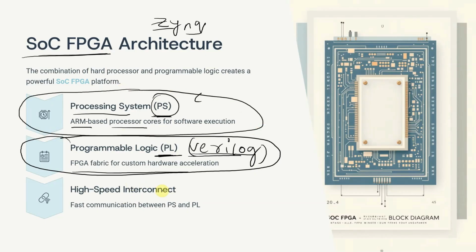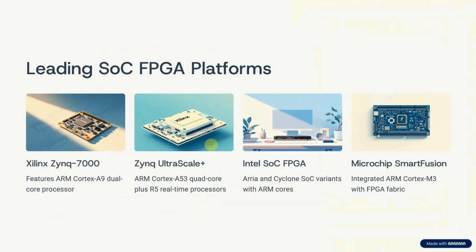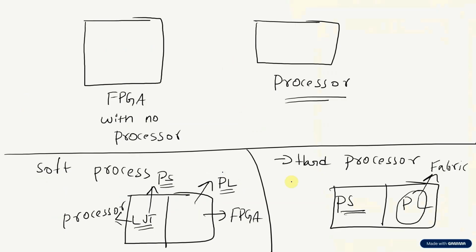And we are going to have something known as an interconnect, which is going to connect your PS and PL. So it is going to look like this. This PS, our processor, and our FPGA are going to be connected using one interconnect. Now, what is that interconnect? Generally, it will be AXI.